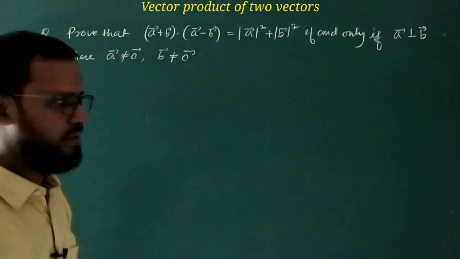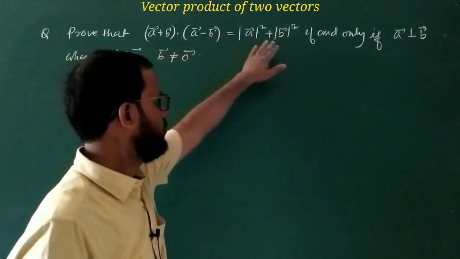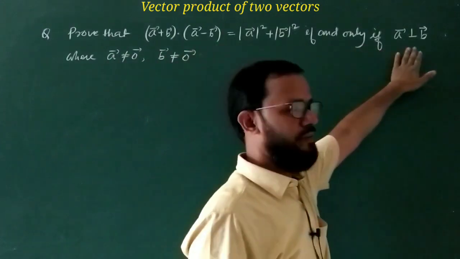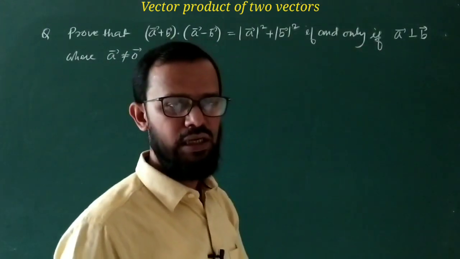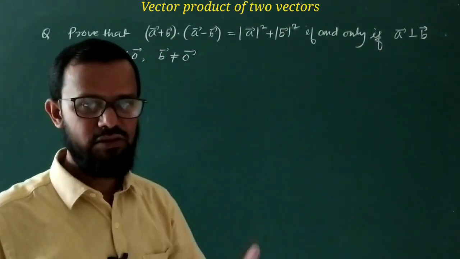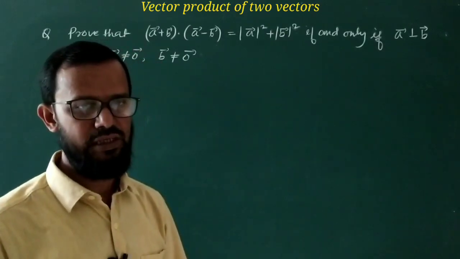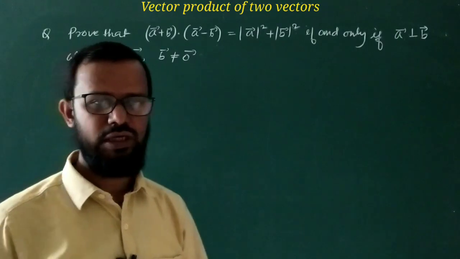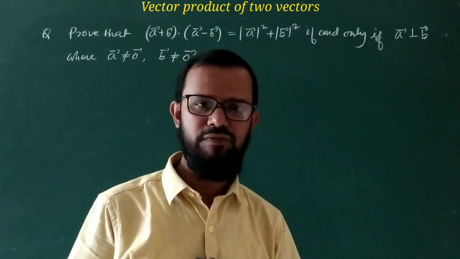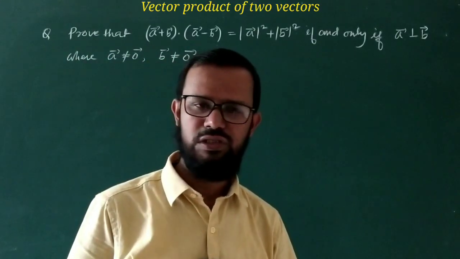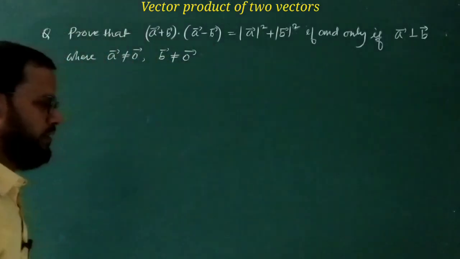There are two sides of the particular problem. If you suppose that this is true, you are to prove that A vector is perpendicular to B vector, and if you suppose that A vector is perpendicular to B vector, then you are to show that left hand side is equal to right hand side of the particular expression. Okay. So this is an interesting question. If and only if condition is given, so both ways you have to prove it.